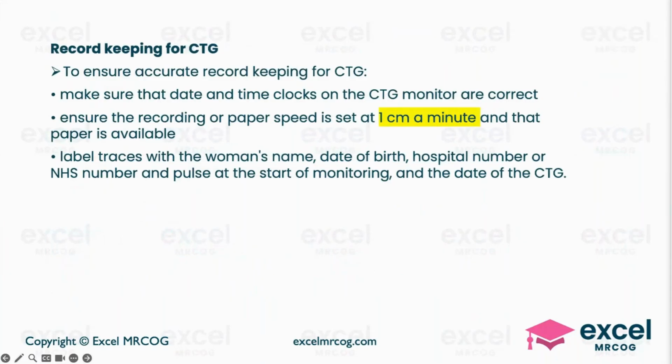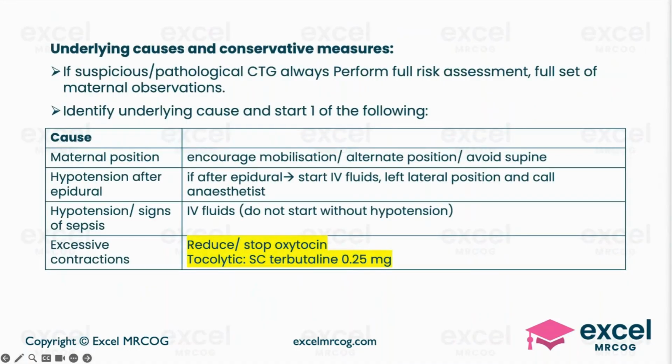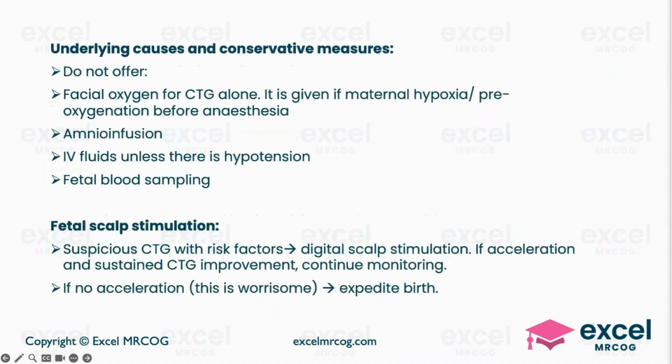We'll just finish the CTG section, that is record keeping, which is my last slide on it. To ensure accuracy, one question has been asked on it, please note this. So, this one is done. With CTG, please note that you do not offer fetal oxygen for CTG alone, and it is given only if maternal hypoxia is there. Do not give amnioinfusion.